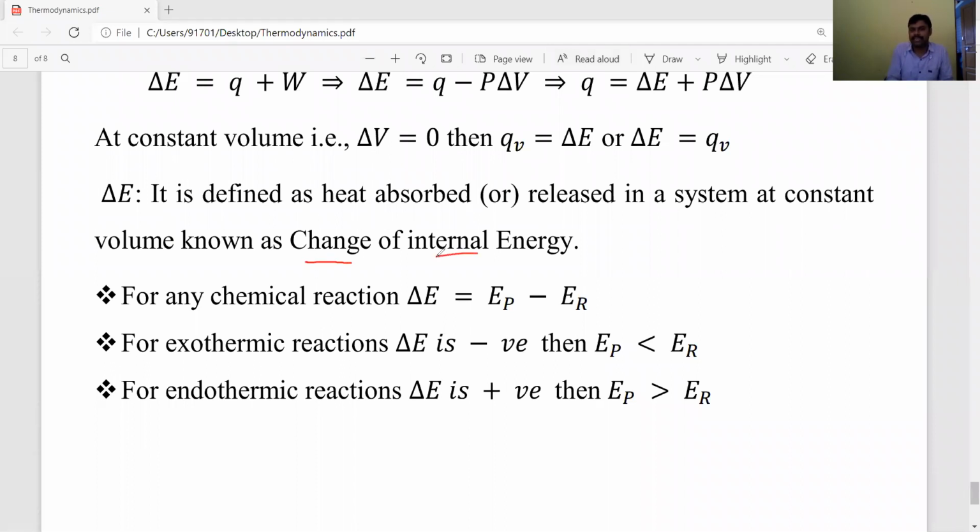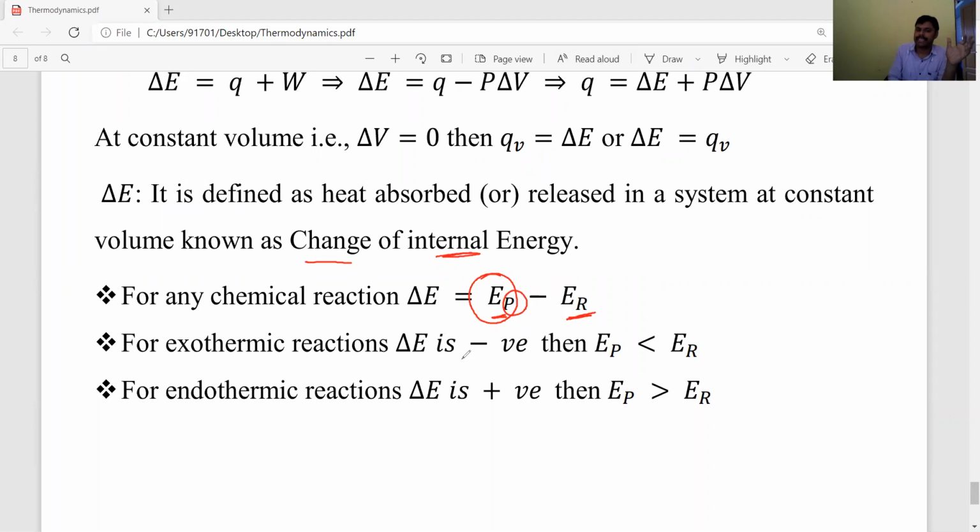So the internal energy change for any chemical reaction is equal to E final minus E initial, where final means products. For a chemical reaction, delta E is the energy of products minus the energy of reactants.